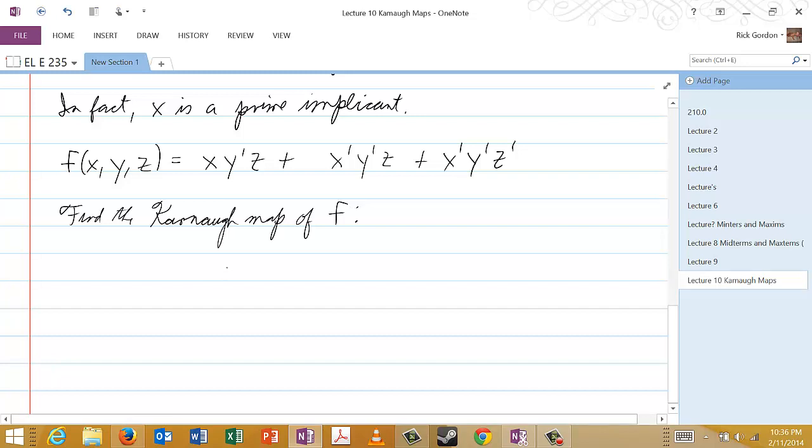To draw the Karnaugh map of a function, the first thing you need to know is the number of Boolean variables. And in this case, we have 3 Boolean variables. So when you have a 3-variable Karnaugh map, it's going to look like the following.